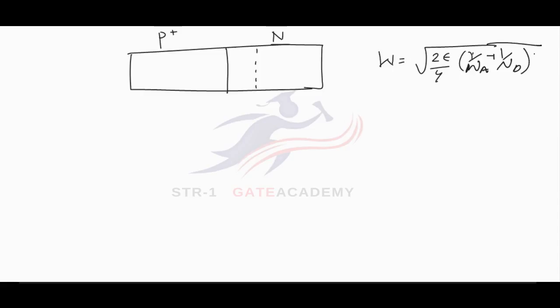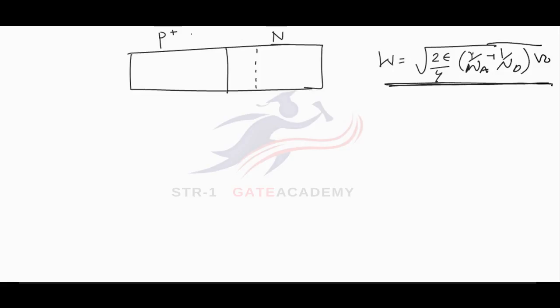If this is a step graded diode, and if it is P plus N, then the depletion layer width equation we already know is twice epsilon upon Q into 1 upon Na plus 1 upon Nd into V naught. This depletion layer is the total depletion layer width.